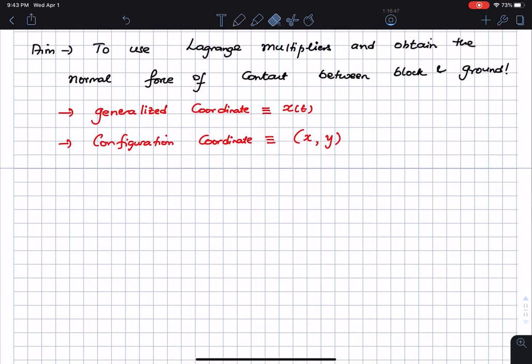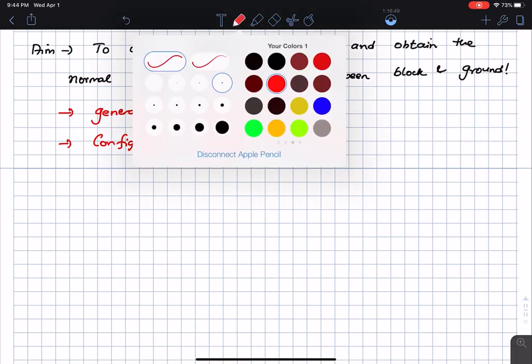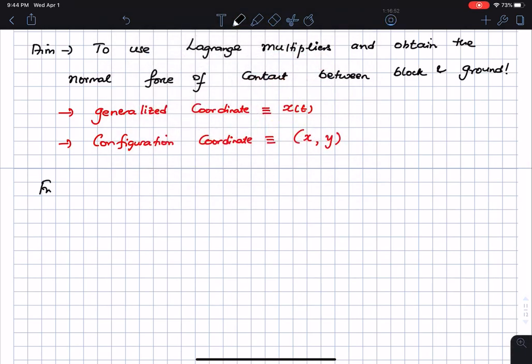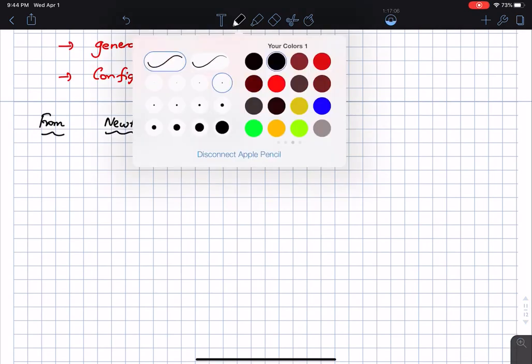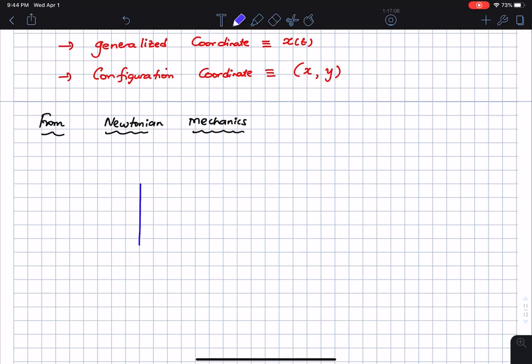And so I digress back to Newtonian mechanics. From Newtonian mechanics, if I draw the free body diagram and the kinetic diagram of the block, let me do that very quickly. So here is the block, and I'm going to take the same block and copy that.